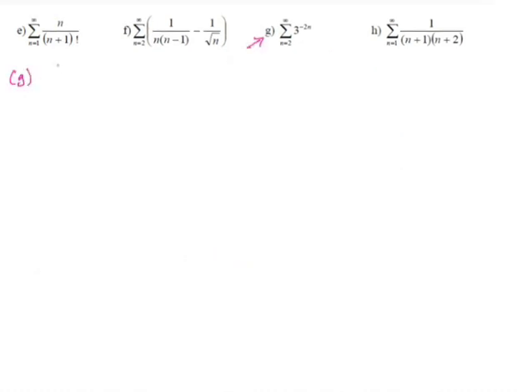In g we have the summation, n starting from 2 up to infinity, of 3 to the power of minus 2n.